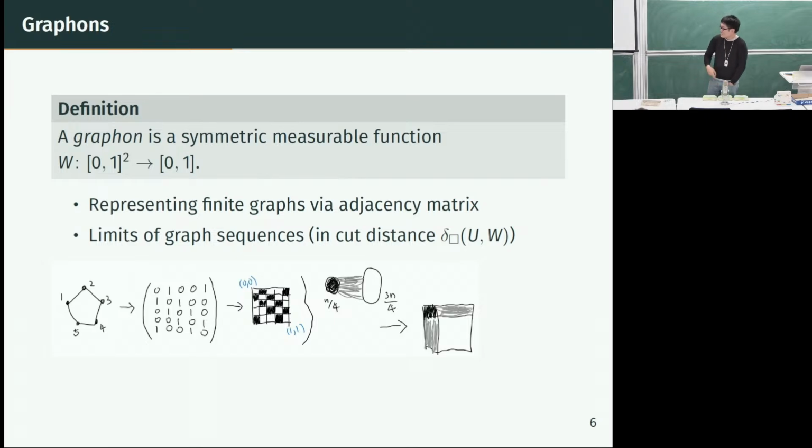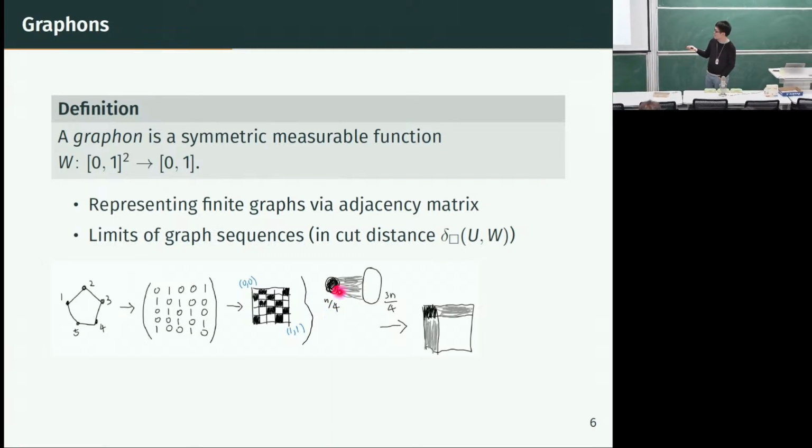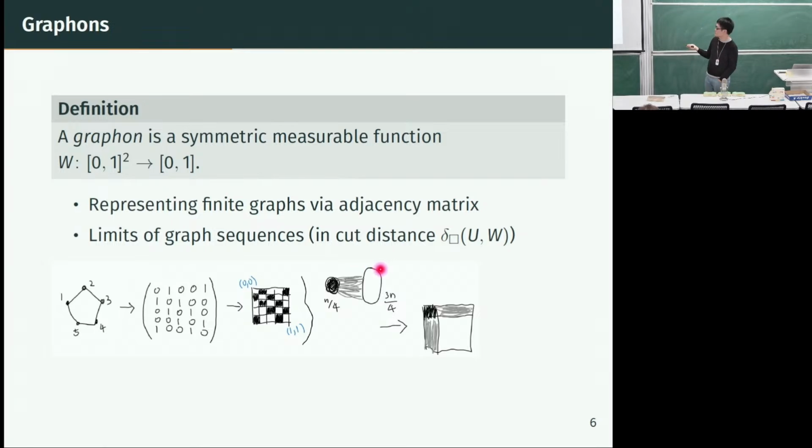The way that we get to graphons is that instead of looking at just a single graph, we look at graph sequences, and we take a limit of these graph sequences in some sense, which I won't really get into because it's a bit technical. But take the following example, a sequence of graphs of the following form: a clique in black, an independent set in white, and a bipartite graph of some density between 0 and 1, let's say a half, going in between, with the edges distributed randomly.